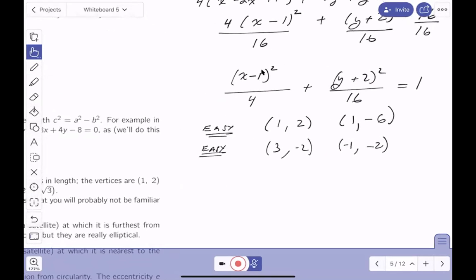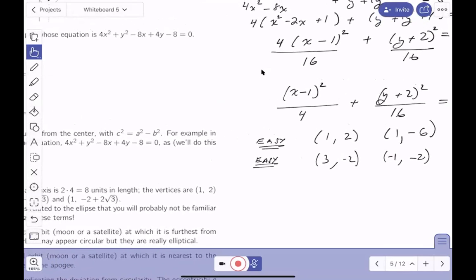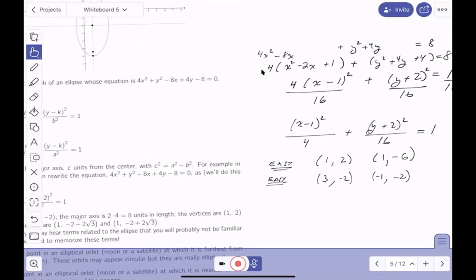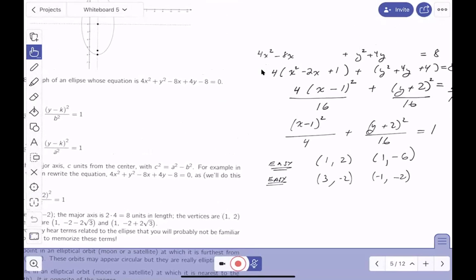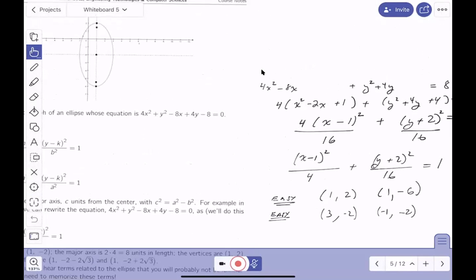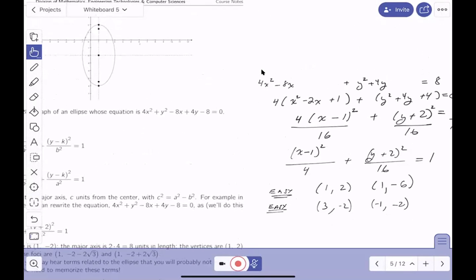So what I want to do is look at the graph and see if I can recognize those 4 easy points on the graph, right? So let's take a look. I'm going to do one point at a time. I'm looking at (1, 2).